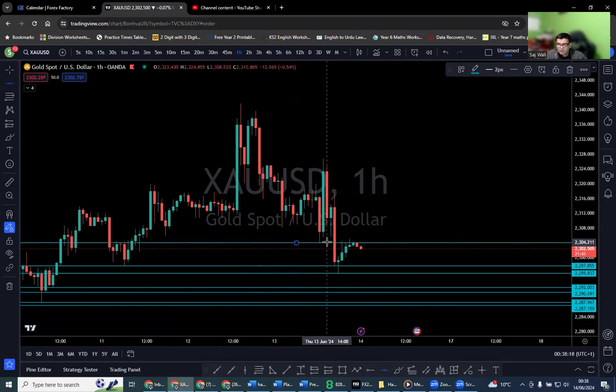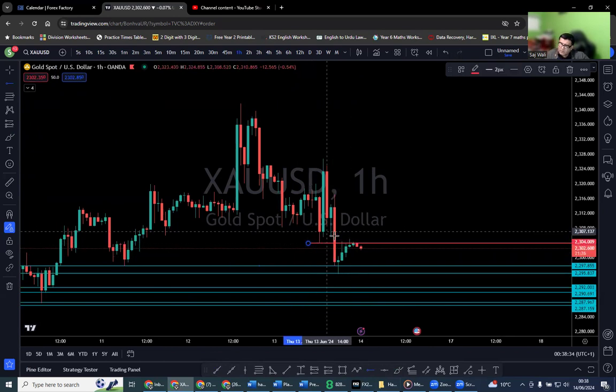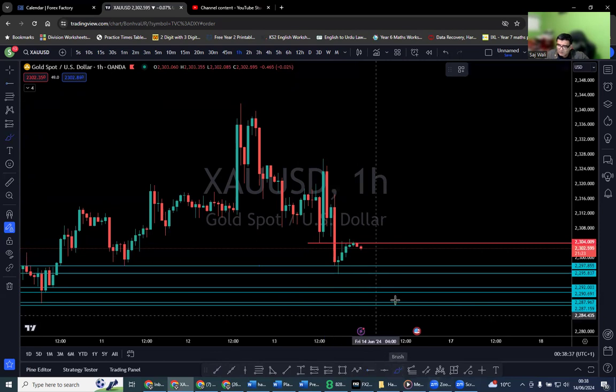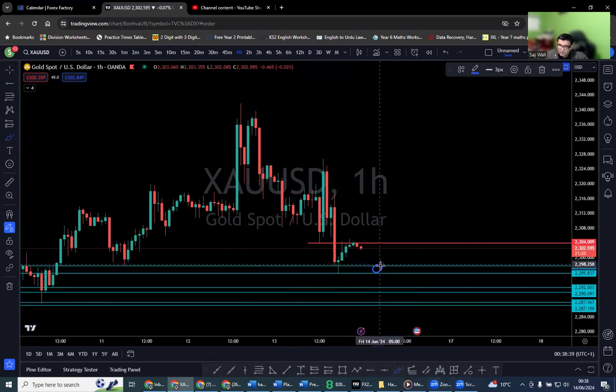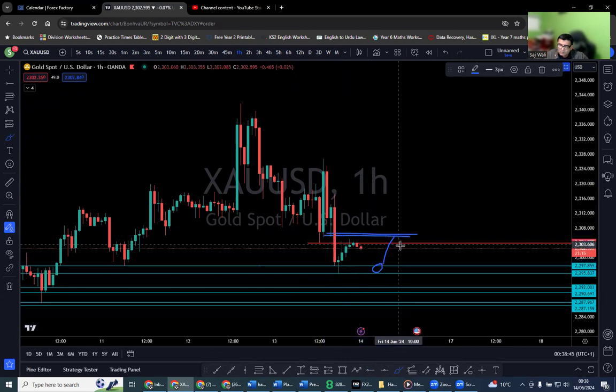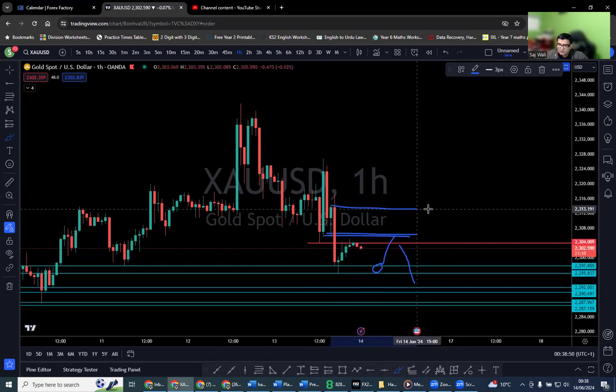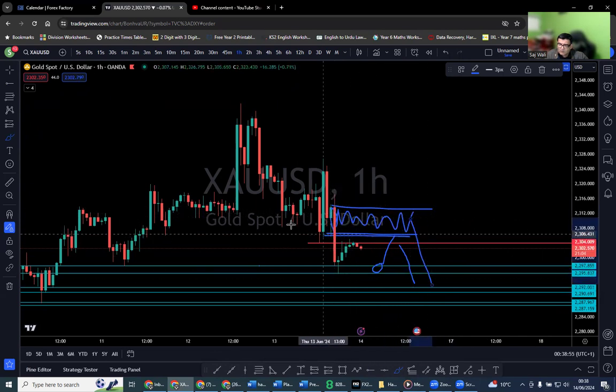There's a wick here. From this level, the market is rejecting. So it's possible that we make a double bottom here and go to the top and further test this level before it comes down. In fact, this whole area will be tested before the market can come down.